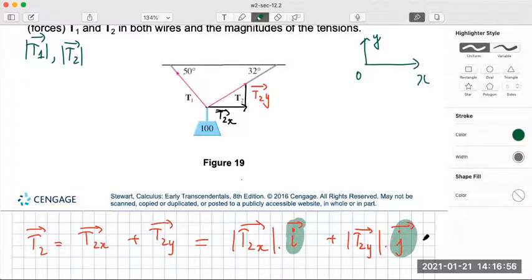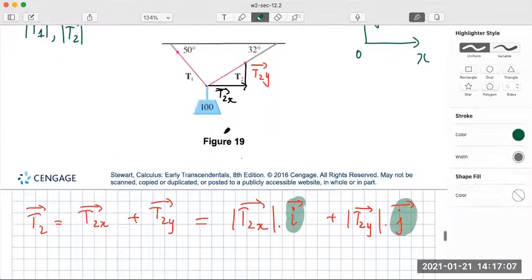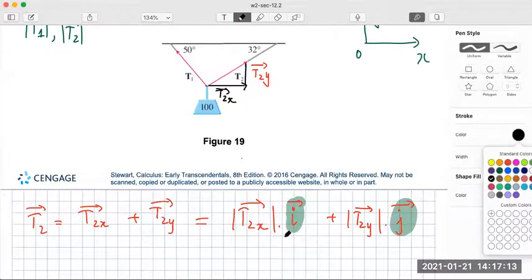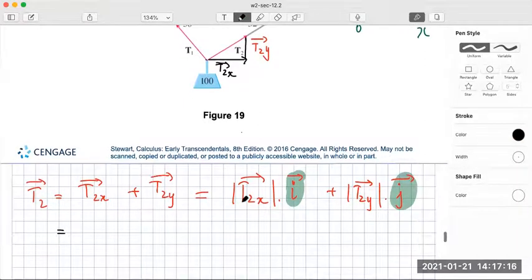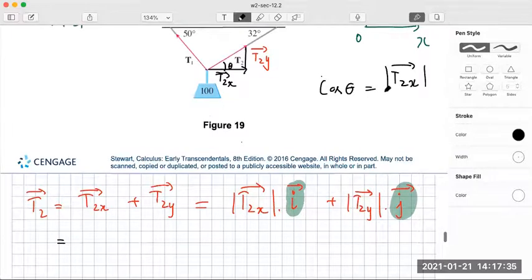Okay? So, Pythagorean theorem and trigonometry. How big is T2x compared to T2? Yes, it's lesser, but how exactly? If this is theta, then cosine theta is T2x divided by the hypotenuse here, which is T2, right?